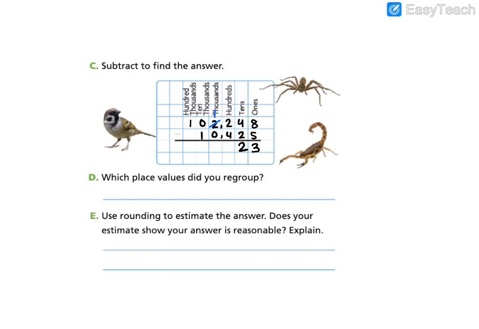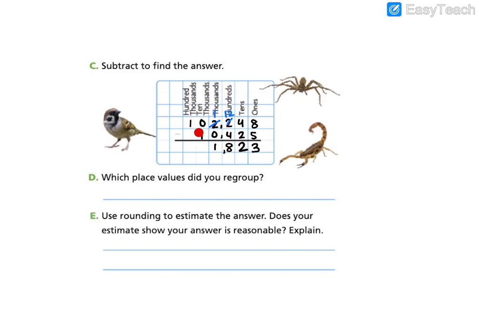And that 1,000 will regroup with my hundreds into 12 hundreds. So now I'm looking at 12 hundreds minus 4 hundreds. And 12 hundreds minus 4 hundreds is 8 hundreds. Moving into the thousands place, I've regrouped. I only have 1,000 remaining. 1,000 minus 0 thousands is still 1,000.